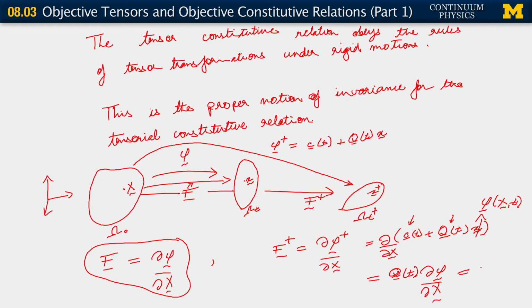So we have here Q, function of time, times F. This is how the deformation gradient transforms.